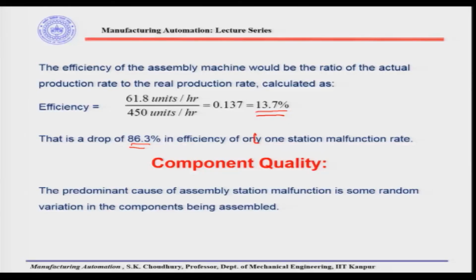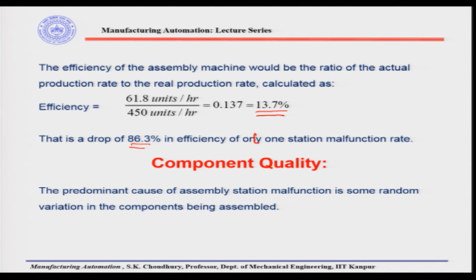Let us go further and talk about the component quality. Why does this breakdown occur? Machine breakdown basically occurs if a faulty component comes to the machine and it gets stuck. Suppose you are assembling an assembly, and in that assembly one defective component goes in, let us say the dimensions or the tolerances are not proper.